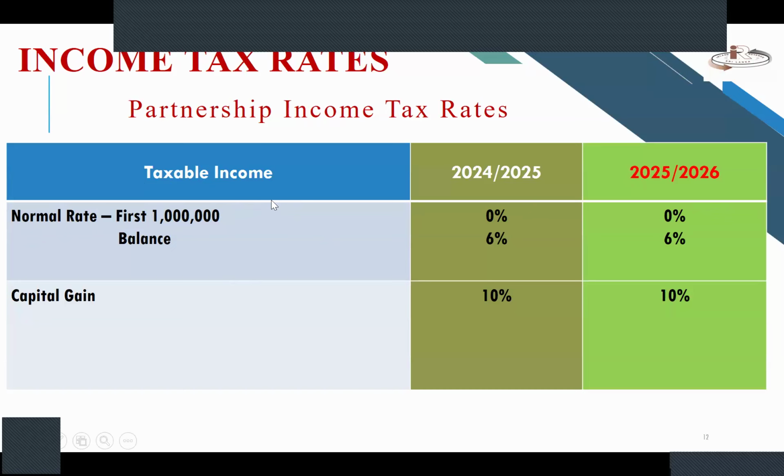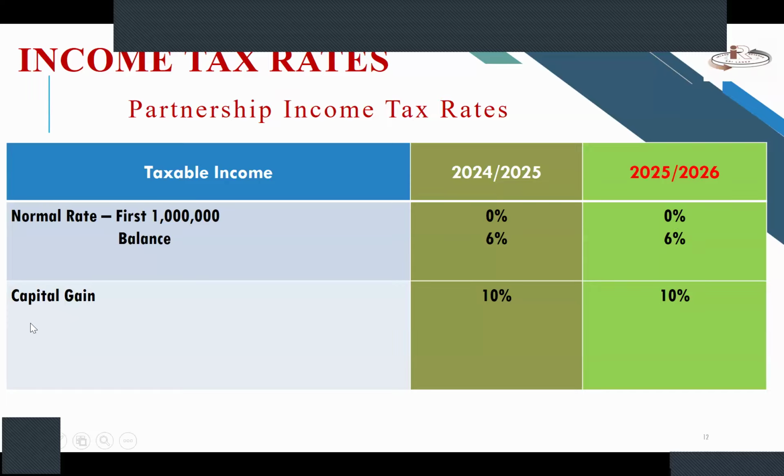So from that taxable income, for the first 1 million, the applicable tax rate is 0. It remains unchanged from previous periods, because we had several changes from the 2025 year of assessment, but for partnerships it is the same. And for capital gain, it is 10%.